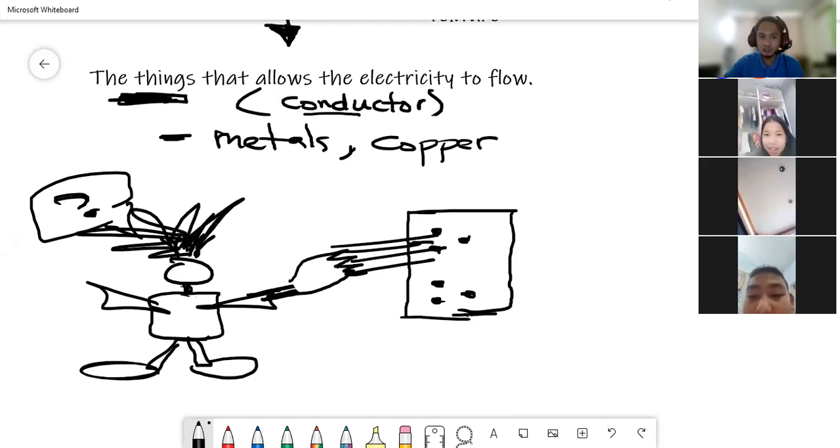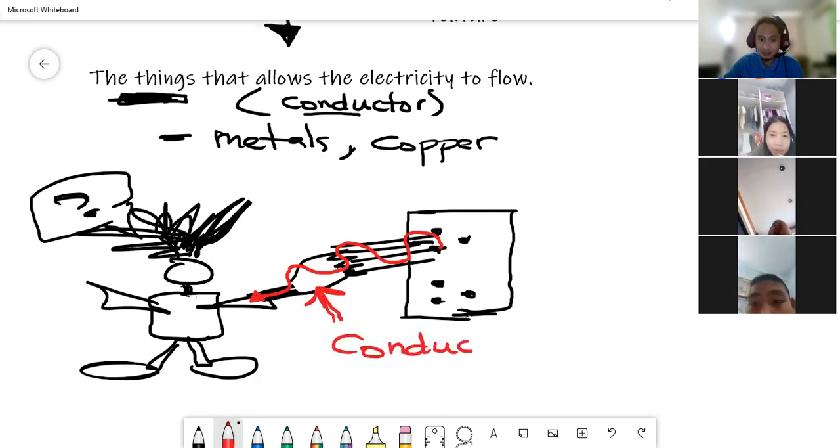Electric shock. Okay now? Because the electricity is flowing, going to the body of Narungrit. Because the fork here is what we call a conductor, or metal.